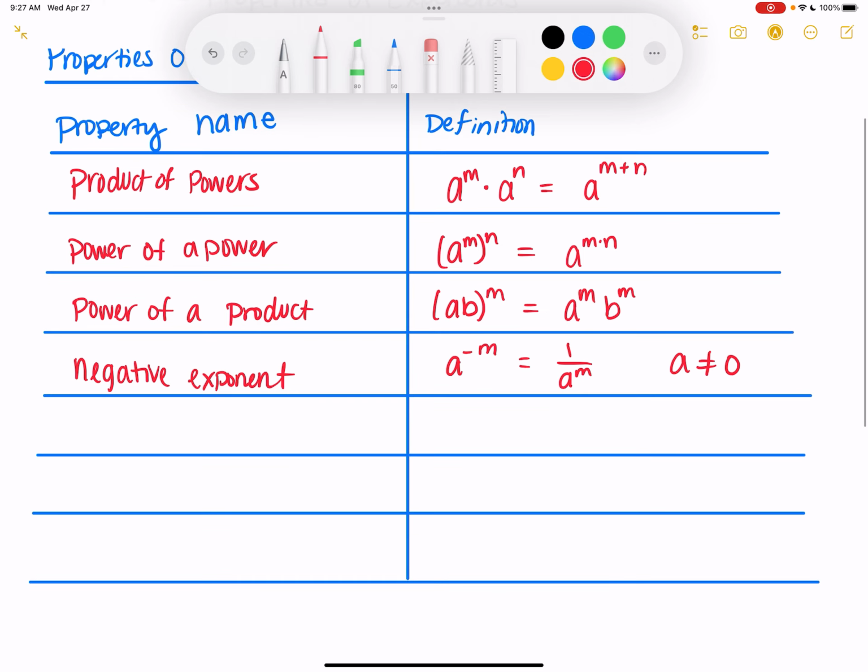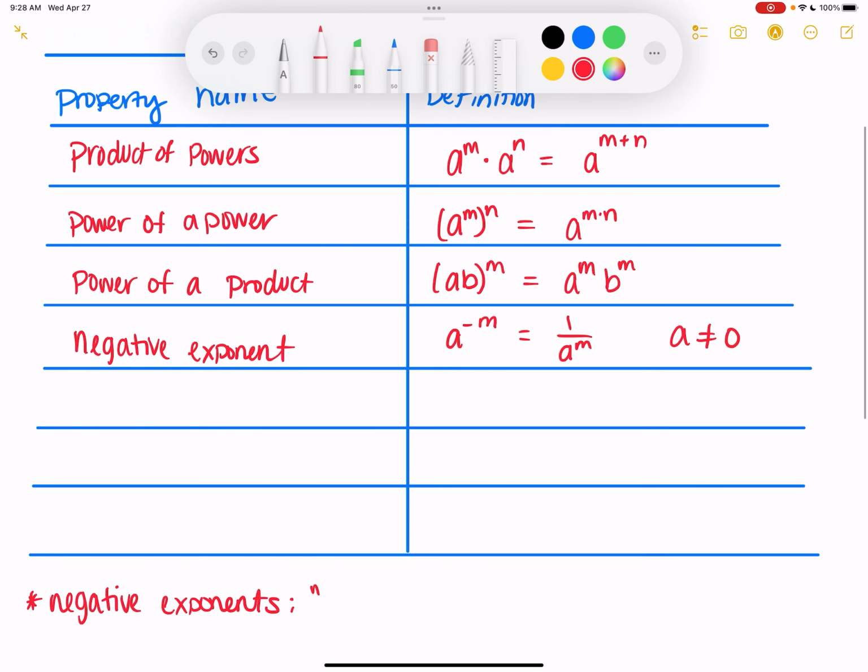I'm going to make a little note down here for negative exponents. This is a Mr. Cassism. Put it where it ain't, make it positive.